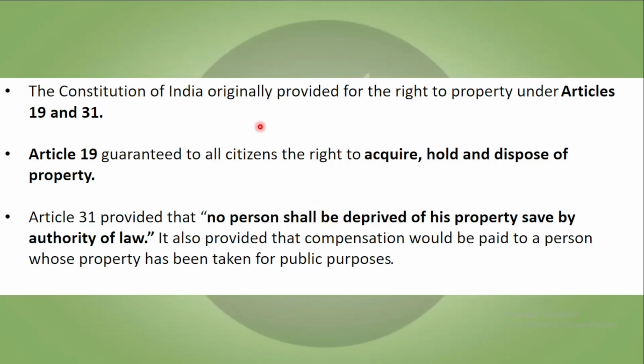The Constitution of India originally provided for the right to property under Articles 19 and 31. These were fundamental rights. Article 19 guaranteed all citizens the right to acquire, hold, and dispose of property if they want to. And Article 31 said that no person shall be deprived of his property save by authority of law.